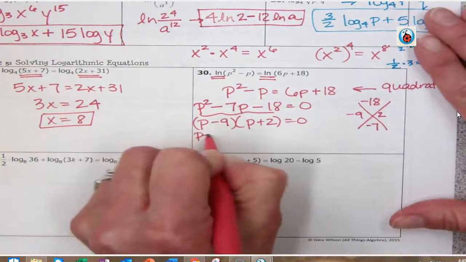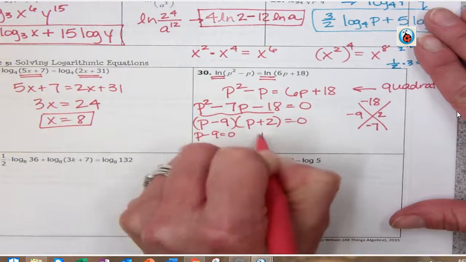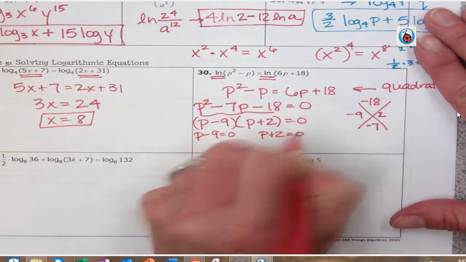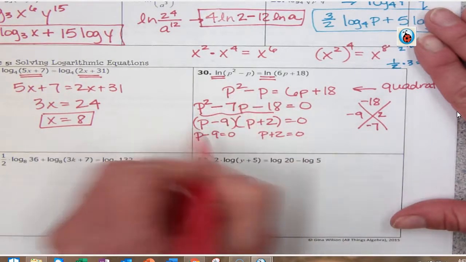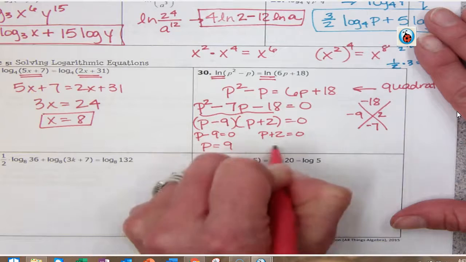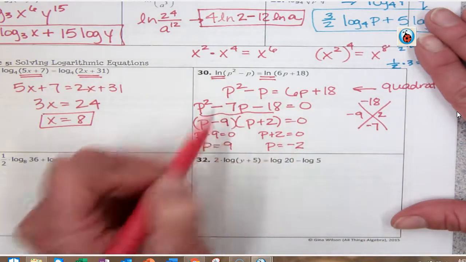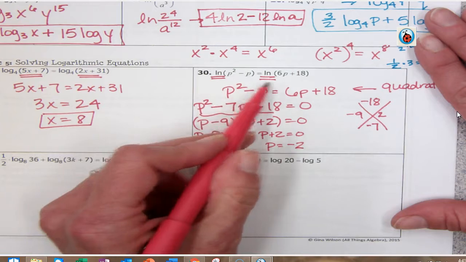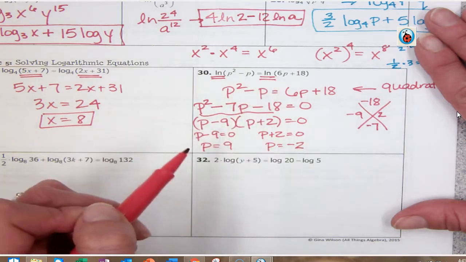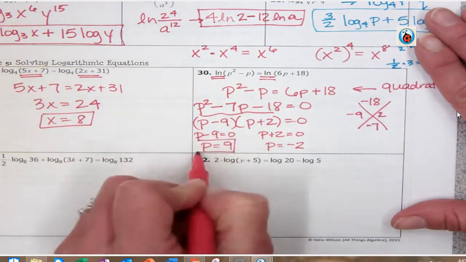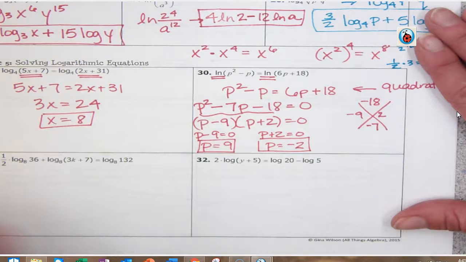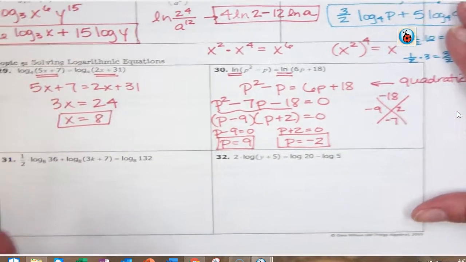So p minus 9 equals 0, p plus 2 equals 0, because of course you're going to have 2 answers. p equals 9, p equals negative 2. I need to double check and make sure that neither one of those is going to create a negative logarithm, and I'm good on both. So those are my 2 answers.